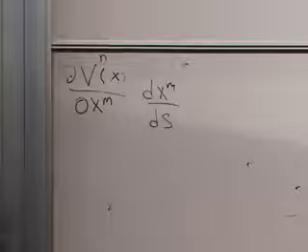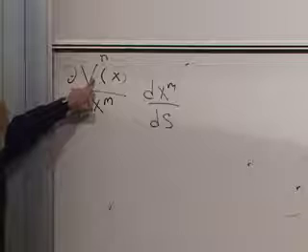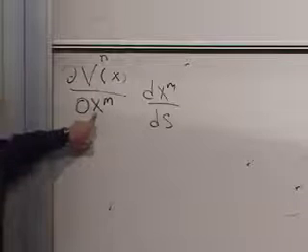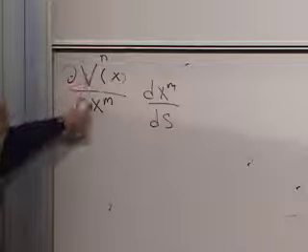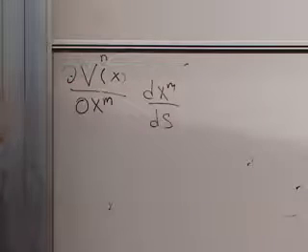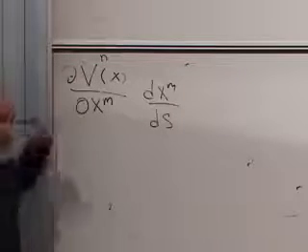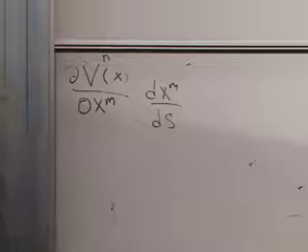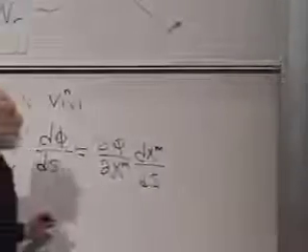It's not likely to be a tensor because dV^n by dx^m is not a tensor. Remember, the ordinary derivative of components of tensors is not itself a tensor. So this object is not a tensor. Well, it's the usual reason.